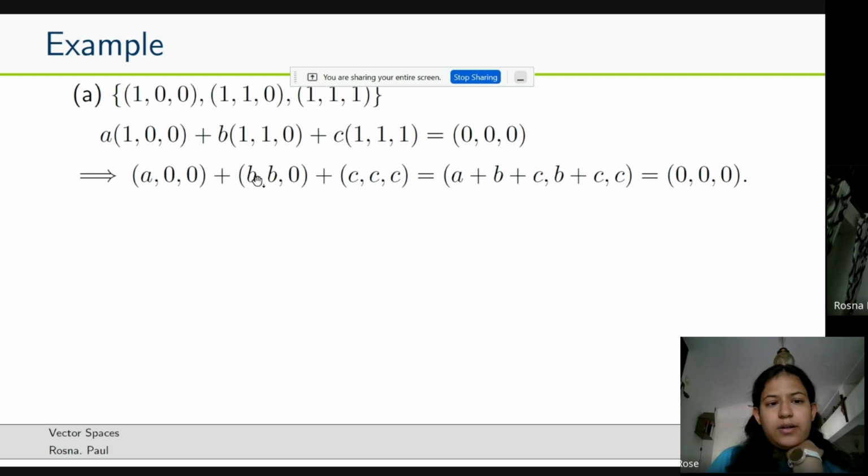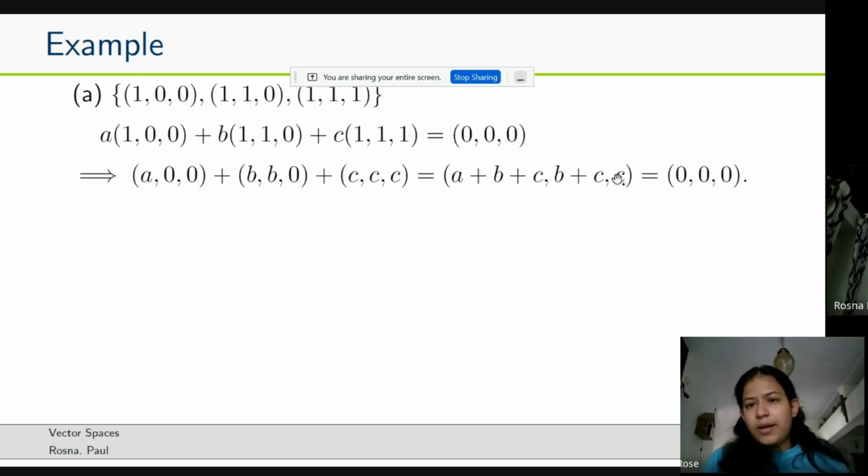And you add them. So how do you add three vectors here? The first element is a plus b plus c, the second is b plus c, and the third is just c. Now you have to equate this with 0. Our aim is to find the values of these coefficients such that this equation is solved.